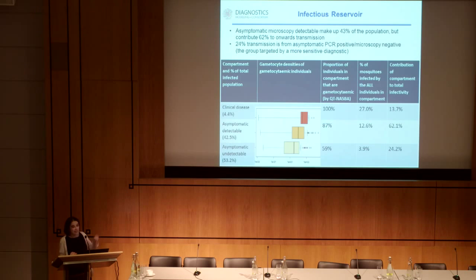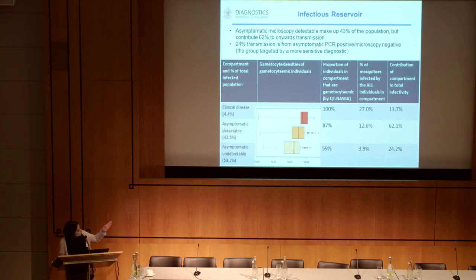And then the bottom is asymptomatic, undetectable by the RDT or microscopy, but still infected by PCR. The second graph shows you the gametocyte densities. That's the onward infectious stage for falciparum. And you can see these correlate, but there's quite a lot of variation there. And in fact, we found from a range of studies that parasite density rather than gametocyte density seems to be a better predictor of onward infectivity.